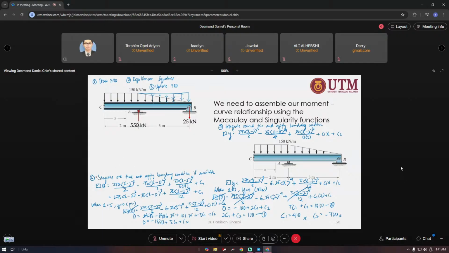Okay. This part also can be deleted. So I have enough space to write.